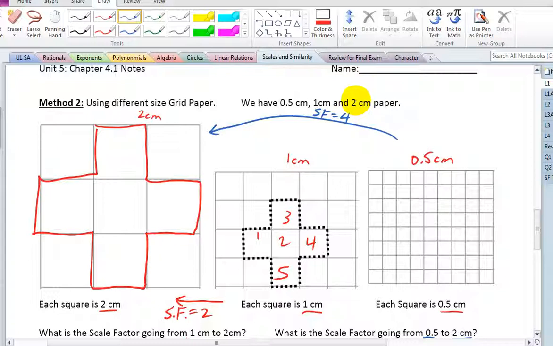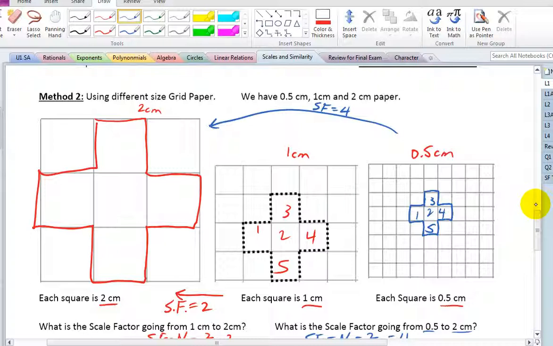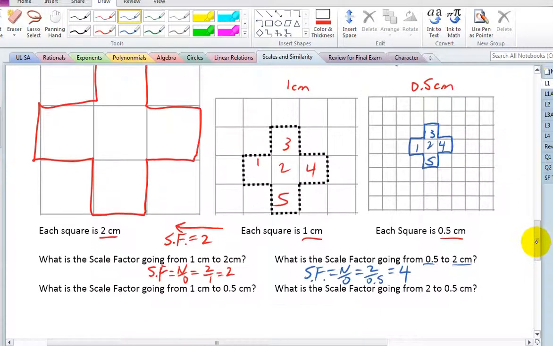Okay. And so we can draw on here 1, 2, 3, 4, 5. Same number of squares. So if I said increase it by a scale factor of 4, if you start here, just go up to 2 centimeter grid lines. Okay.